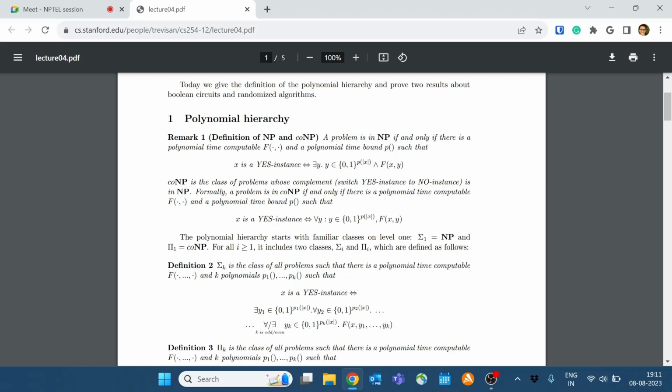Okay, let's see, I need to replace this. Okay, so now we need to negate this, right? Yeah, this is a nice way.